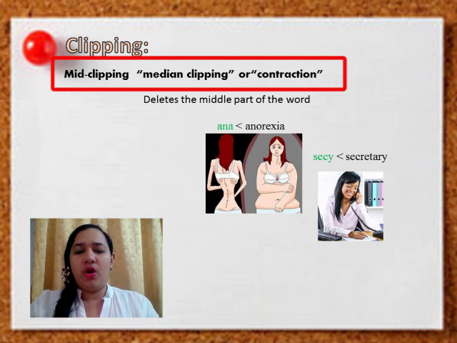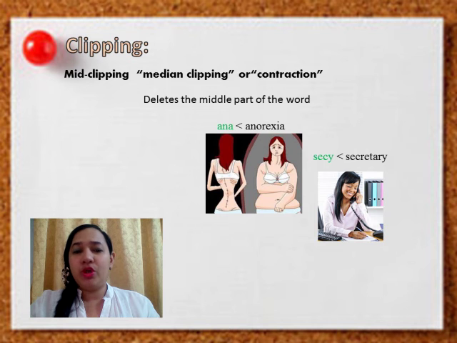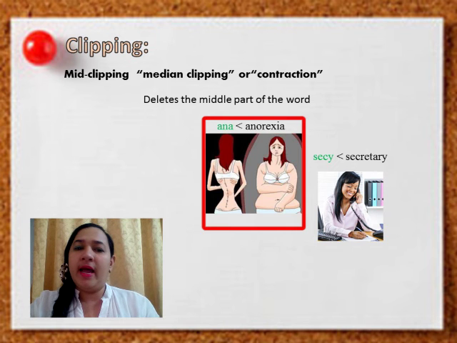Median clipping, or contraction, as its name shows, eliminates the middle part of the word, preserving both extremities. Its use is very rare and has a discontinuity in the base. For example, Anna for anorexia.